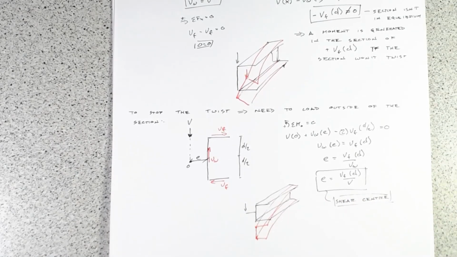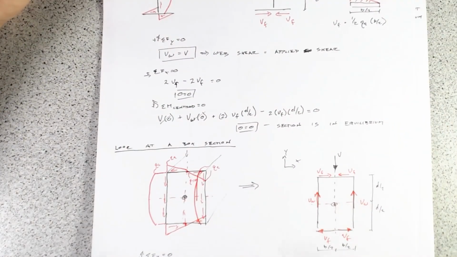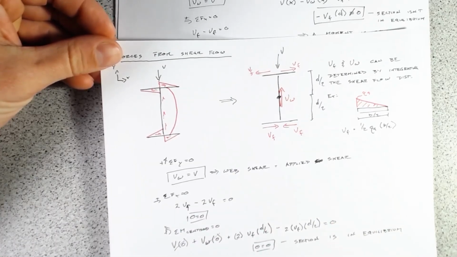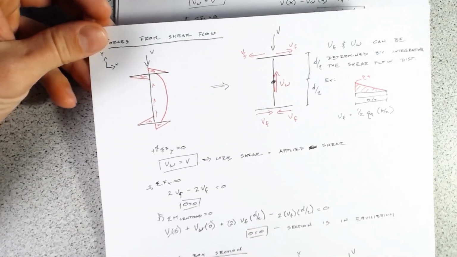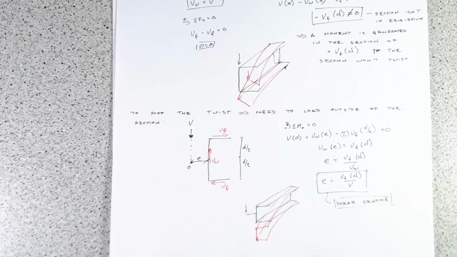So if you load a section at its shear center, then you won't get any twist. And that's why, for symmetric sections, the shear center coincides with the location of the centroid. But for our asymmetric sections, that's not the case.